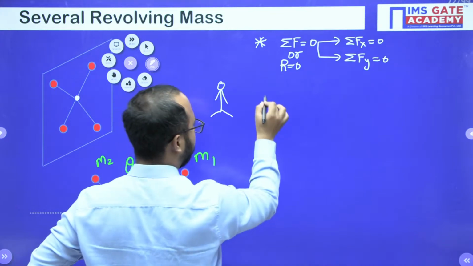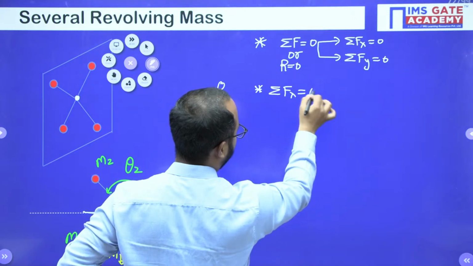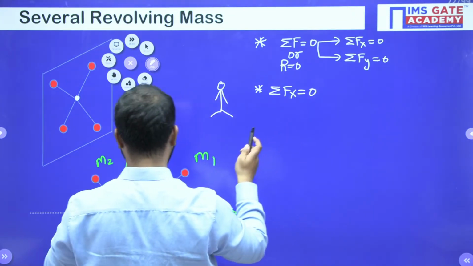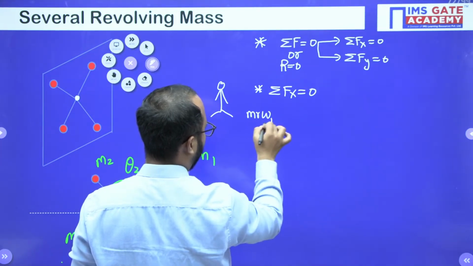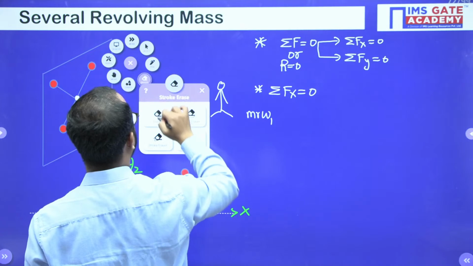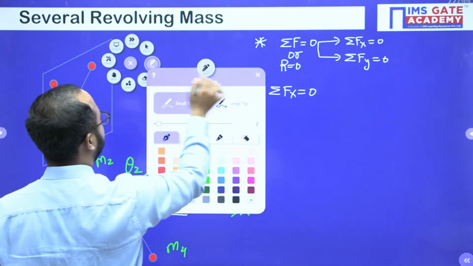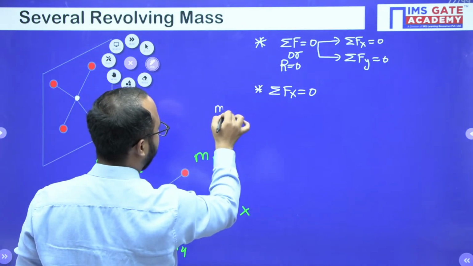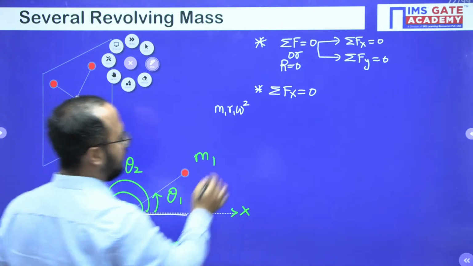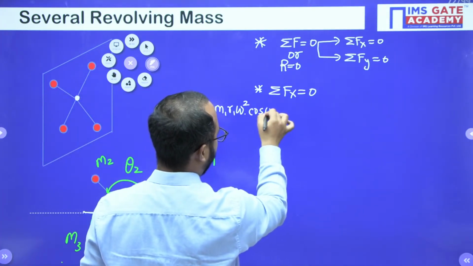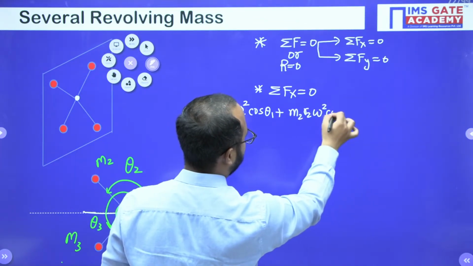So we'll write the first equation. Okay, so what is the first equation? See, you will have m r omega square. We'll remove this one so that we can easily write m1 r1 omega square. Okay, that is the one force. Cos theta 1 we have to take for the horizontal component. Similarly, m2 r2 omega square cos theta 2.